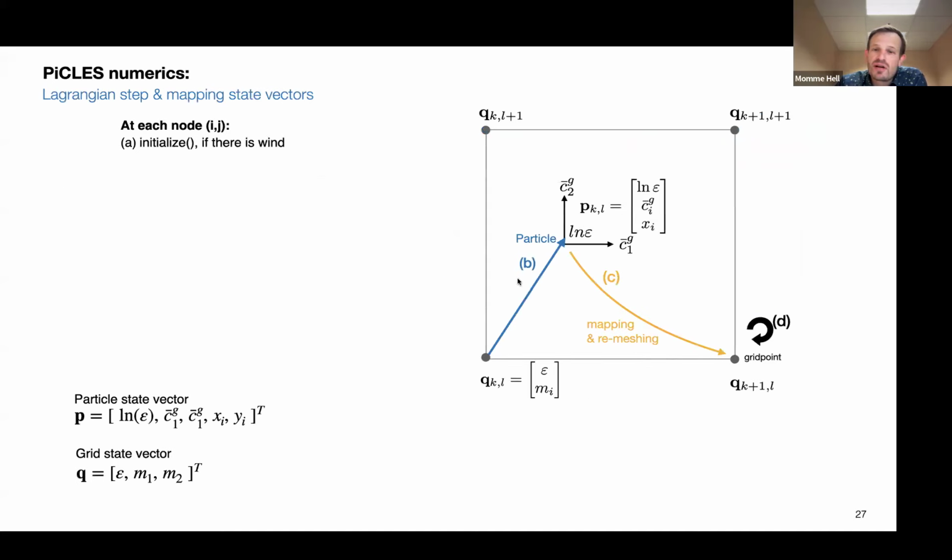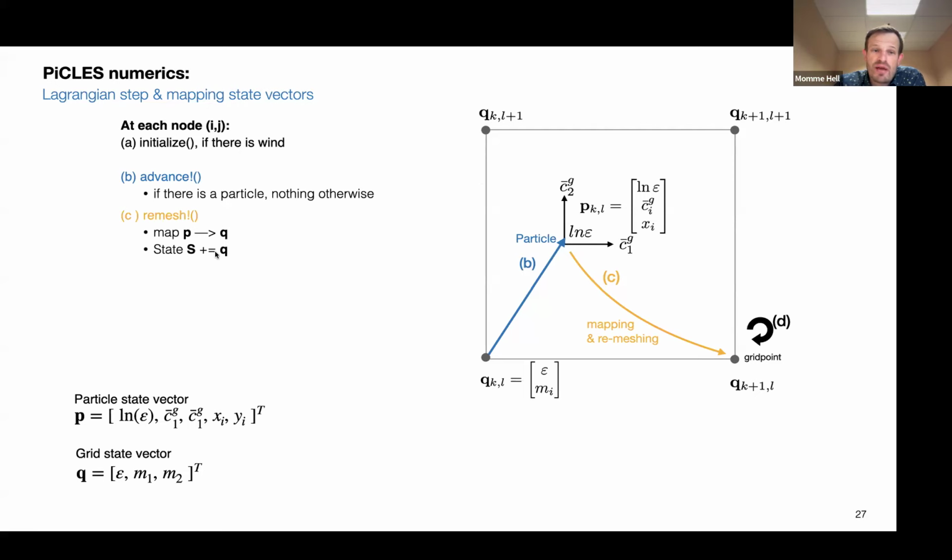What we then have to do is initialize the particles at each grid point, and then advance them, this is the blue line, under given wind forcing for some time, which could be the coupling time step, for example. Then all the particles are deformed: they move to some other place and grow wave energy. We then have to map from this point back to the grid points, to all 4 neighboring points.